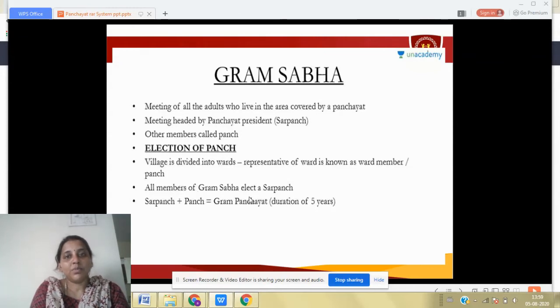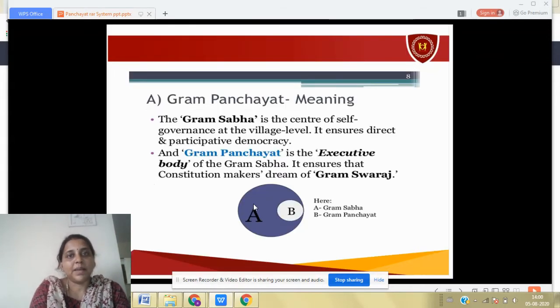All members of Gram Sabha elect a Sarpanch. Sarpanch plus Panch is equal to Gram Panchayat. Children, here Sarpanch plus Panch is equal to Gram Panchayat, and the duration of this Gram Panchayat is 5 years. I'll just show you a small example. Can you see here, children? B is Gram Panchayat.